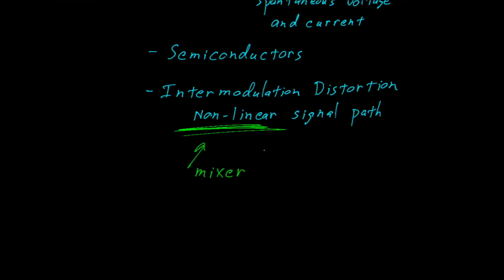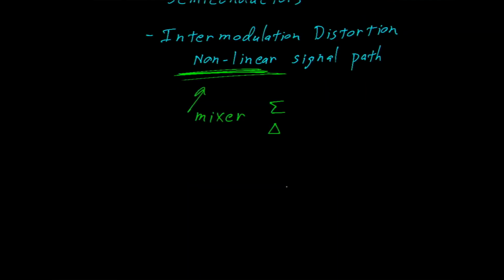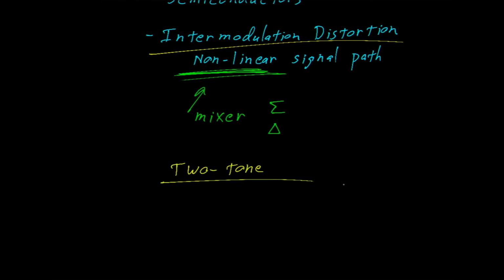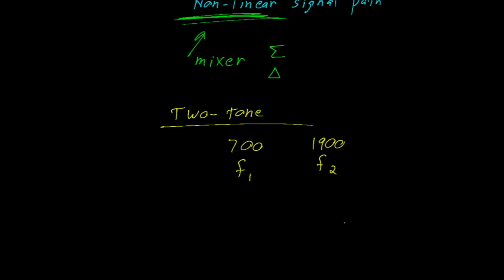And a mixer will give us sums and deltas. One of the tests we can do for intermodulation distortion is the two-tone test. If we follow the ARRL, we might inject a 700 Hz and a 1900 Hz signal. We'll call this F1 and we'll call this F2.